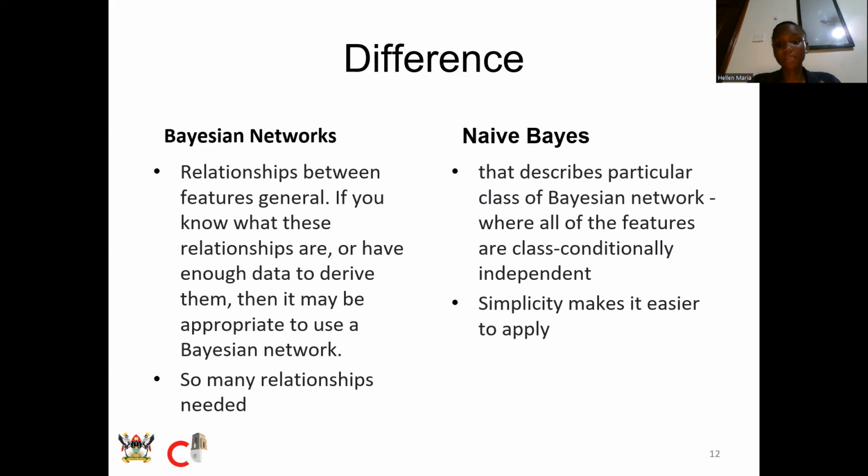And given this independence, it's very simple and can easily be worked on, because we know if a seed is long, it will be long and it will not affect its color. But the Bayesian network has that relationship. So if the length increases, the radius has to change. So there is that continuity. So it's a lot of workload.